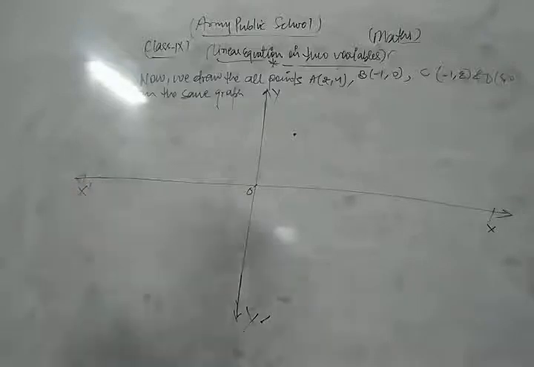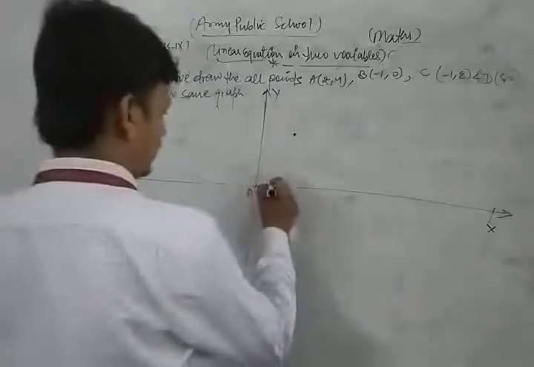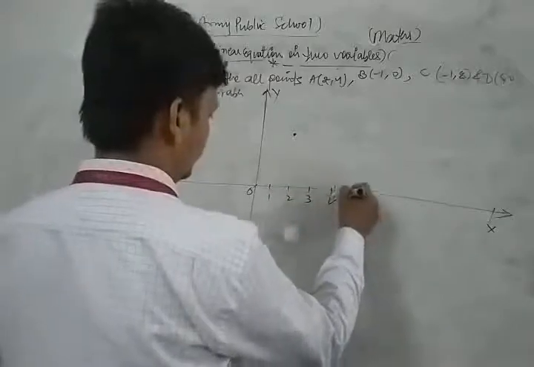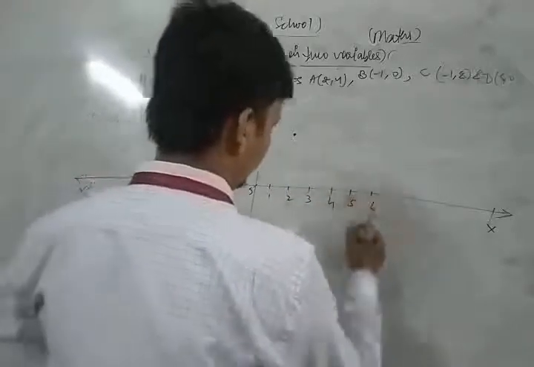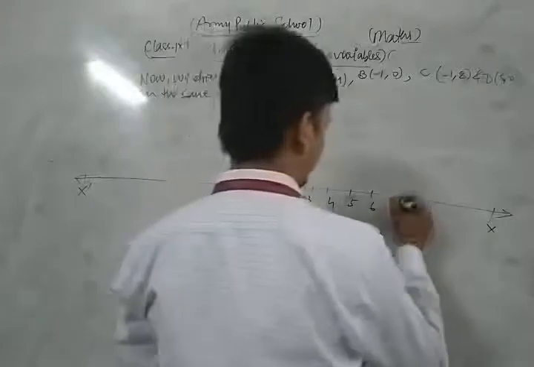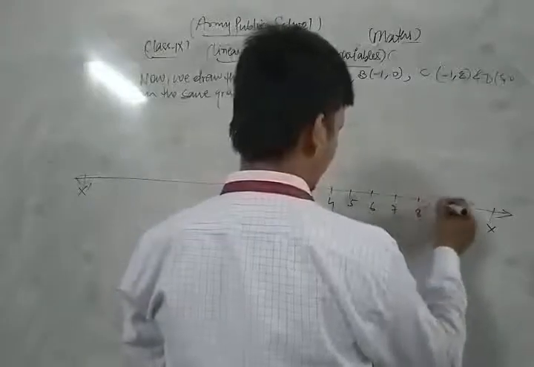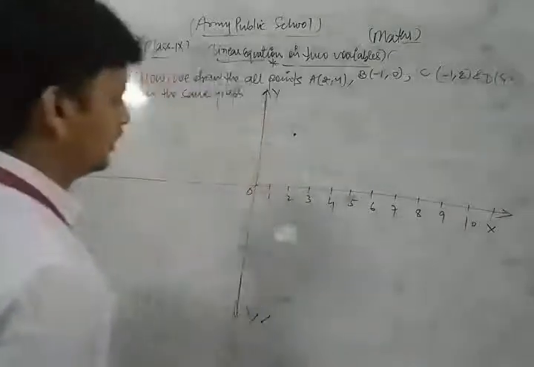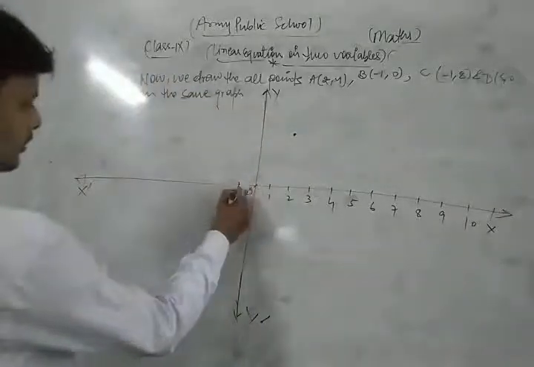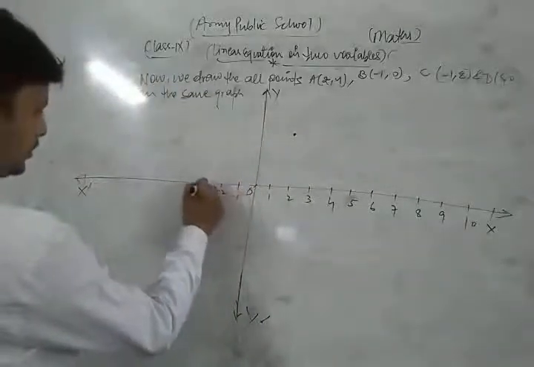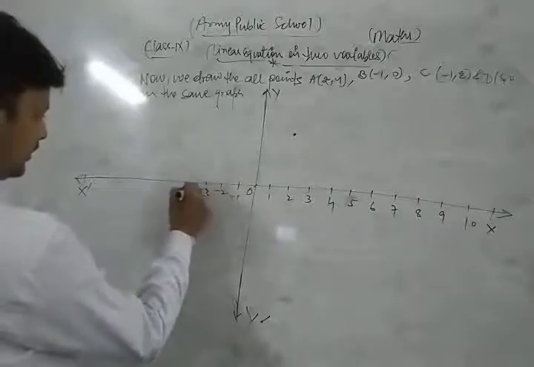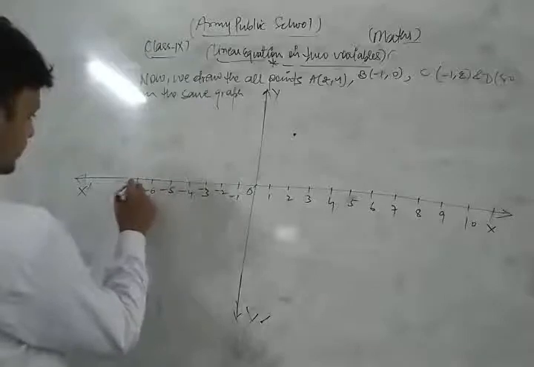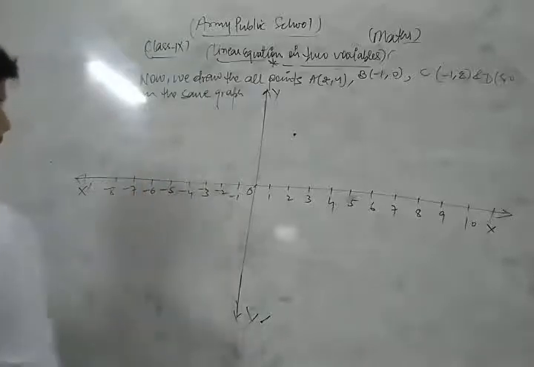Now look, this is 1, 2, 3, 4, 5, 6, 7, 8, 9, 10. Here this is -1, -2, -3, -4, -5, -6, -7, -8.